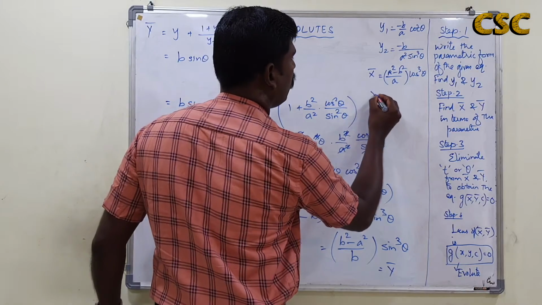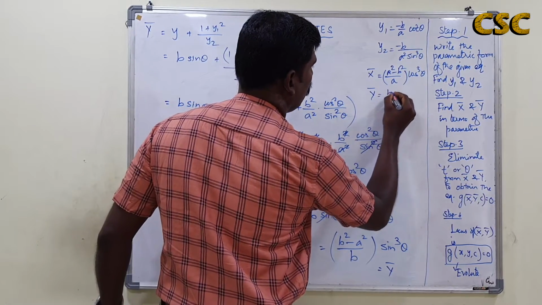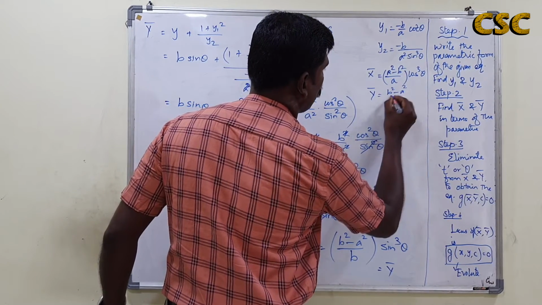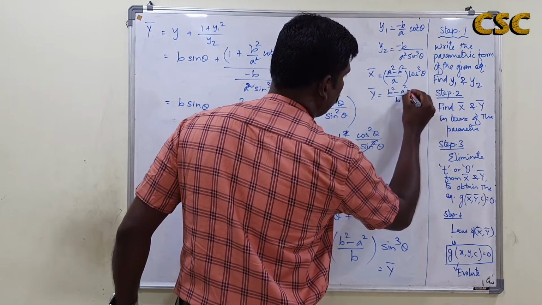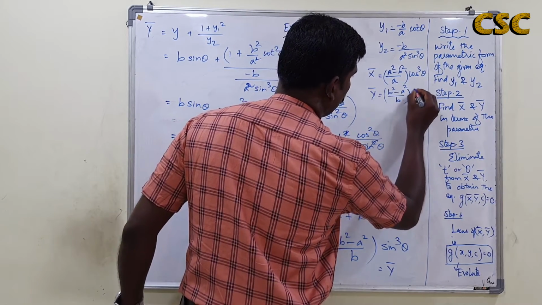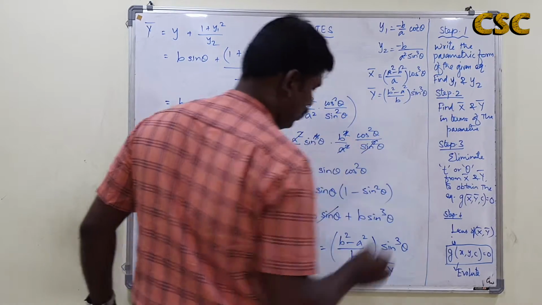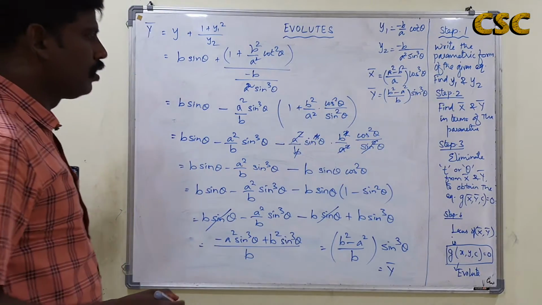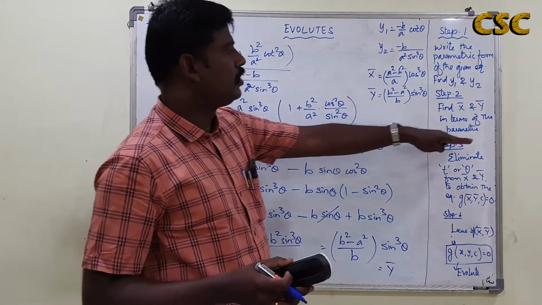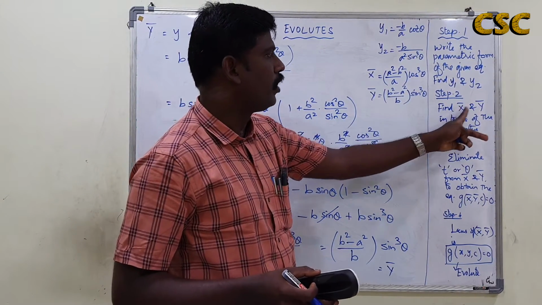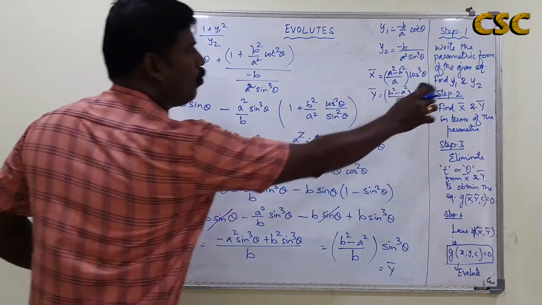So what is y bar? We obtain b square minus a square by b into sin cube theta. Okay, right, that's all. So now I finished up to step 2. I found out x bar and y bar from y1 and y2.